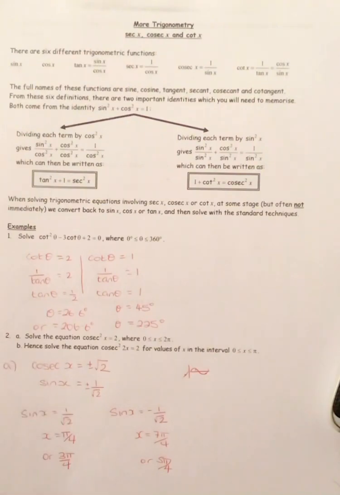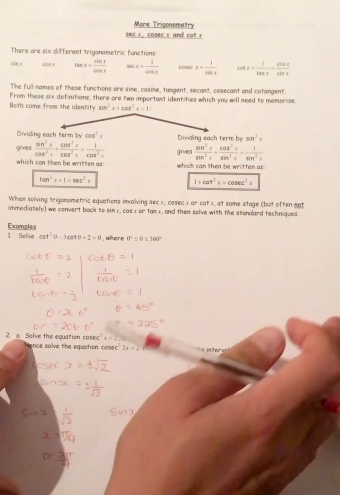So really the only new thing in today's lesson is getting to the point where we're working with sine, cos or tan. We don't have to actually solve the equation in terms of cosec or cot or sec, because we can convert it into one of the questions that we're used to seeing.